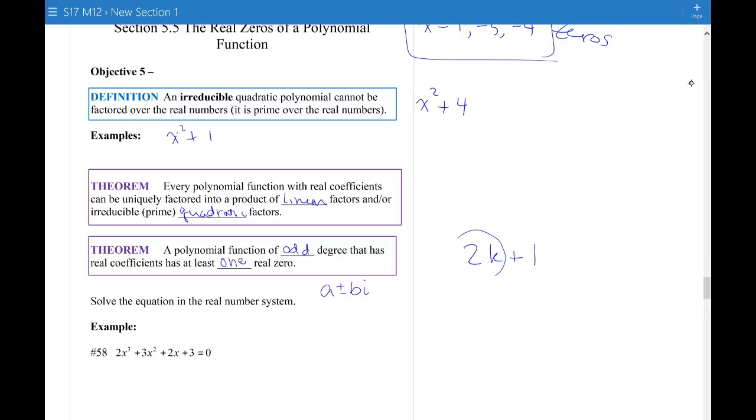And so if these are the pairs of complex conjugate roots, there's always going to be one left over. So if your polynomial has an odd degree, it has at least one real zero. So that's why we can always get down to linear and irreducible quadratics, because if it's degree 3, it has one real zero.